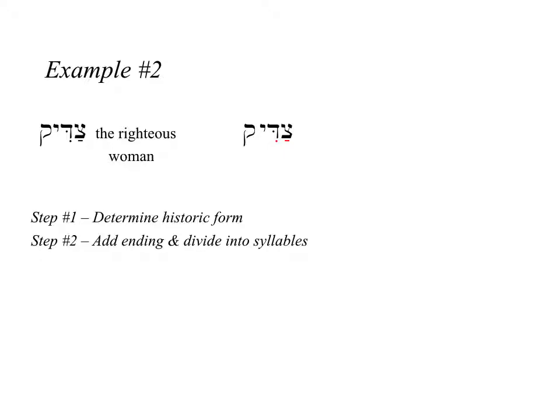We want to take the adjective righteous, tzaddik, and we want to say the righteous woman. So I need to add the ah ending that indicates a singular feminine individual. I'm then going to divide it into syllables. Now, when I encounter a short vowel, I automatically anticipate that the syllable must be closed. Okay? Tzad, I've got a doubled consonant here.